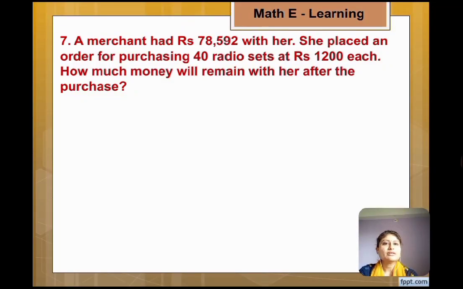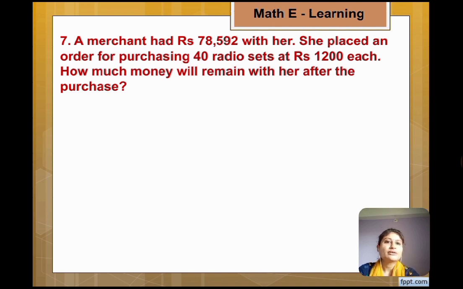Question number 7. A merchant had rupees 78,592 with her. She placed an order for purchasing 40 radio sets at rupees 1,200 each. How much money will remain with her after the purchase?